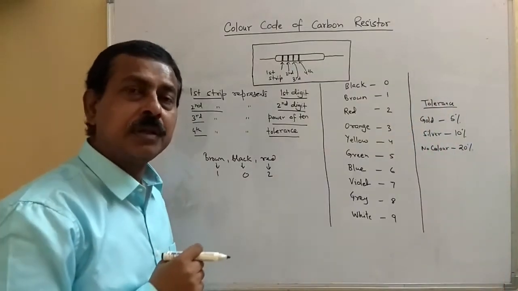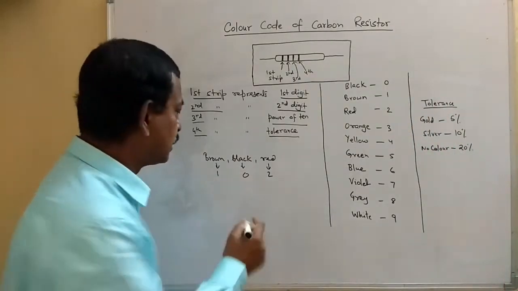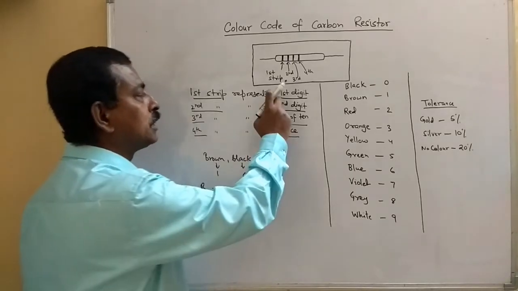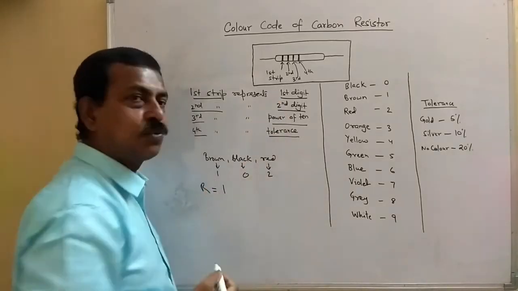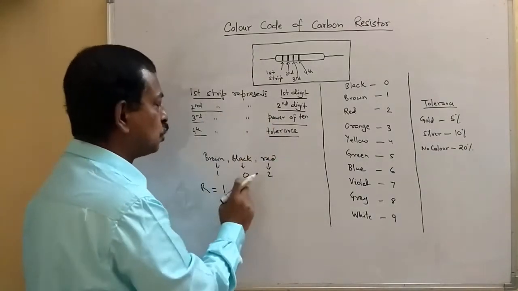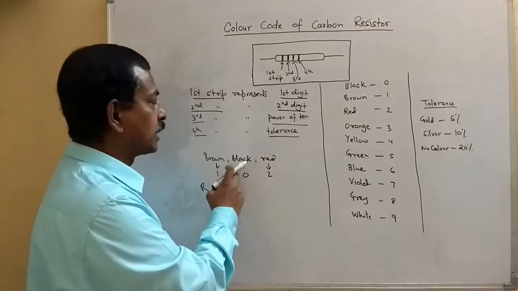When you want to find its resistance, as we have said, the first band represents the first digit, so the first digit is 1. The second represents the second digit, so it is 0 here because the second is black.